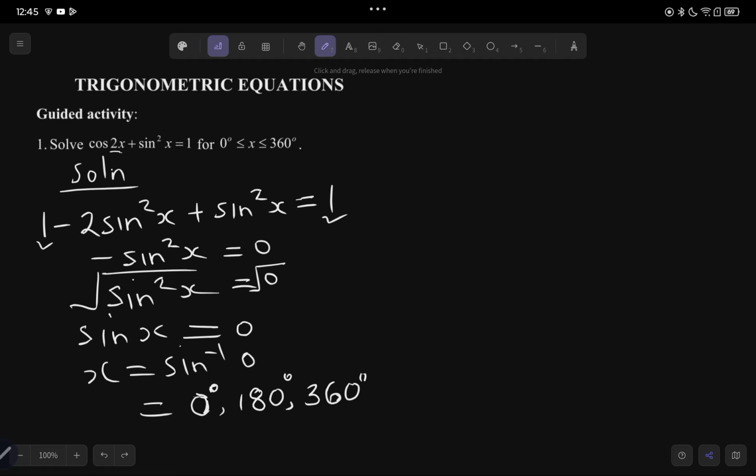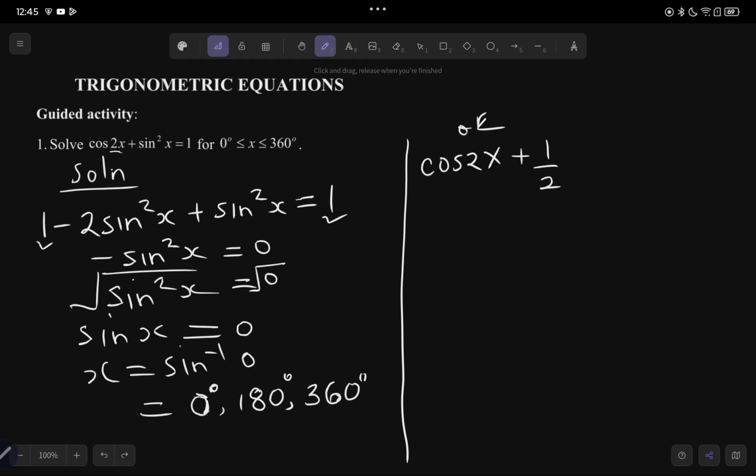That is method 1. In method 2, we can actually change the sine squared x into cos 2x. Now sine squared x in terms of cos 2x, if you still recall what we applied under multiple angles.